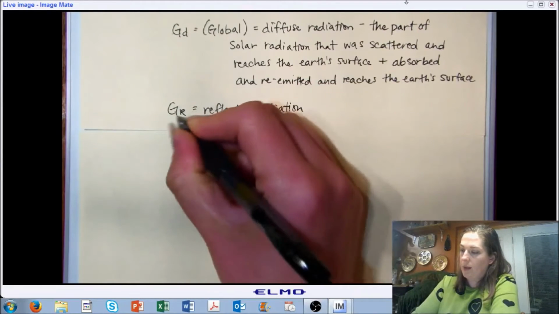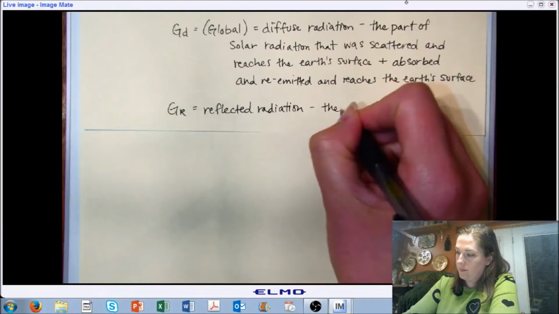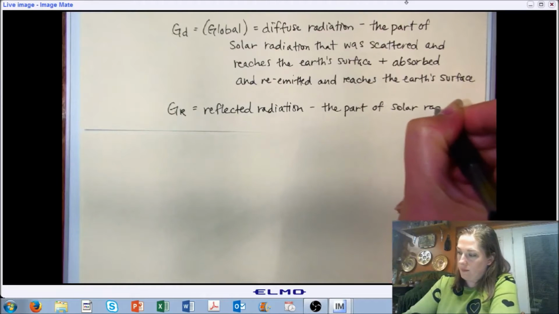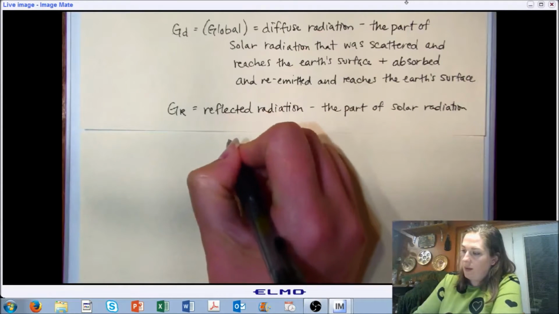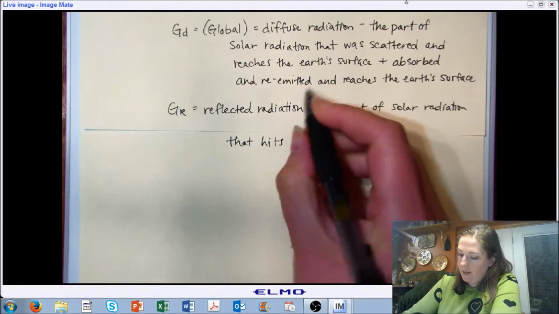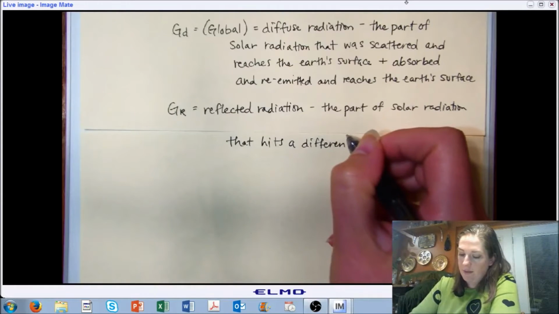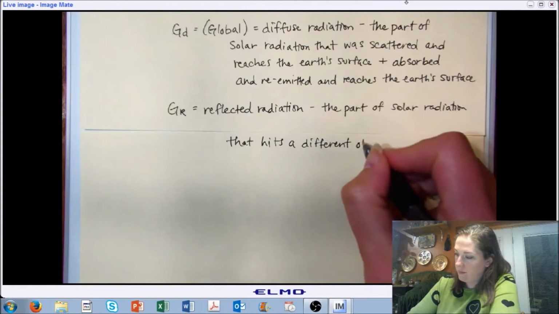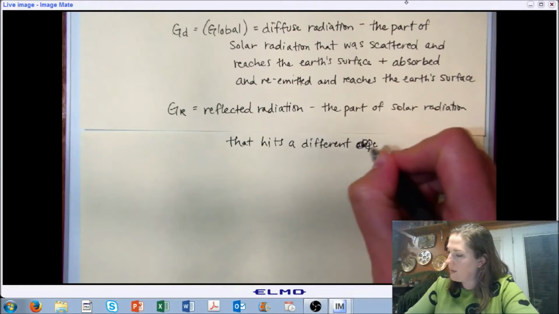It is abbreviated with a capital G as well, and a subscript capital R. This is the part that hits a different surface nearby and then is deflected onto the surface we're interested in. That's a different surface.